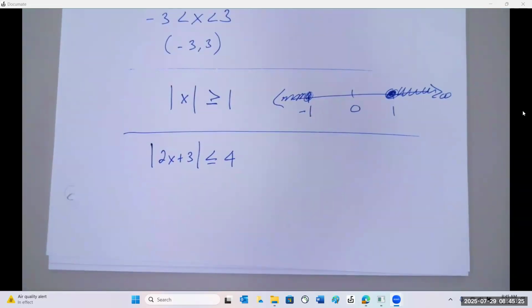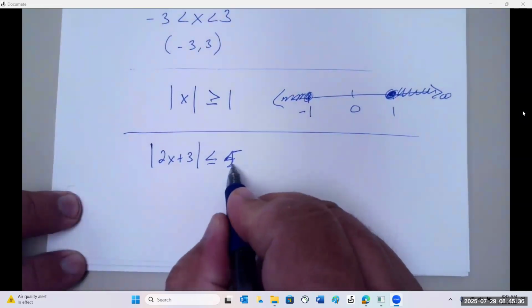How about this one? Instead of 4, just make it 5. Just make it easier. No fractions.